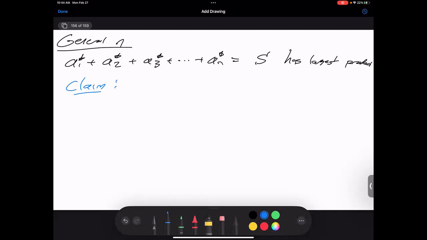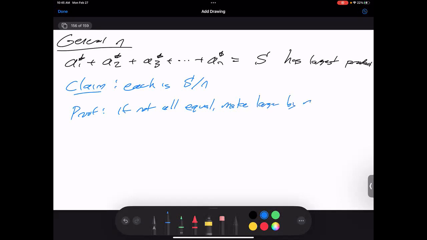It's just S over N. So the claim is each is S over N. So, proof: if not all equal, make larger by replacing, say, A_i and A_j with (A_i + A_j)/2 and (A_i + A_j)/2.